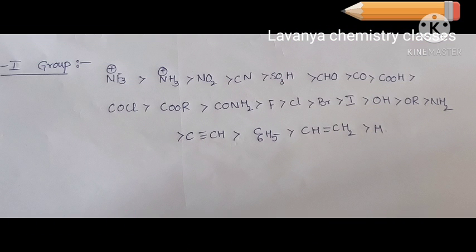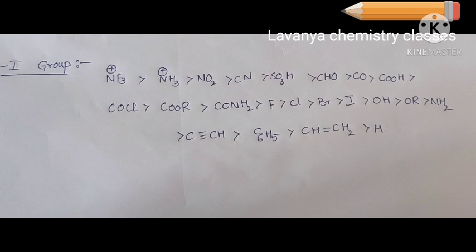The minus I power of various groups: NF3 cation is greater than NH3 cation, and NO2 greater than CN greater than SO3H greater than aldehyde group greater than CO, ketones and acids greater than acid chlorides greater than esters greater than amides greater than fluorine greater than chlorine greater than bromine greater than iodine, and OH greater than OR greater than NH2 greater than C triple bond CH greater than benzyl greater than C2H5 greater than CH double bond CH2 greater than hydrogen.